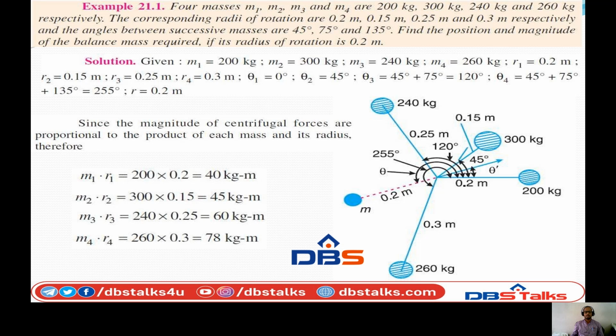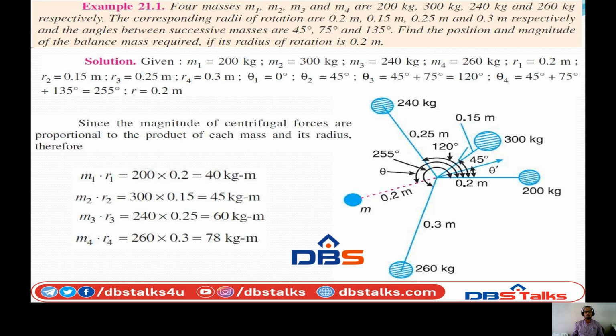For every problem, you make a reference: either we can take any mass as a reference, or directly take some x or y axis as a reference. Here, based on the given data, there is a relation between successive masses: 1 to 2 is 45, 2 to 3 is 75, 3 to 4 is 135.